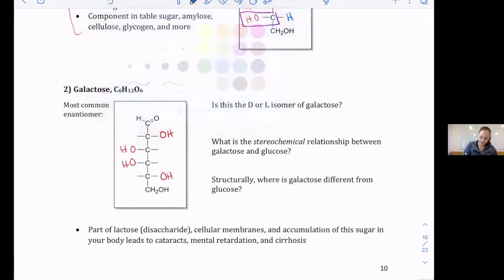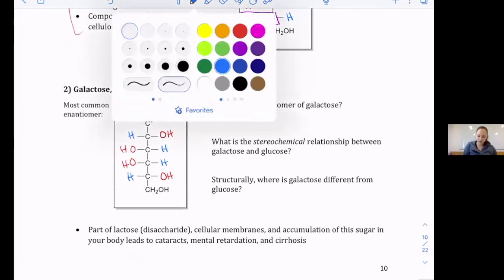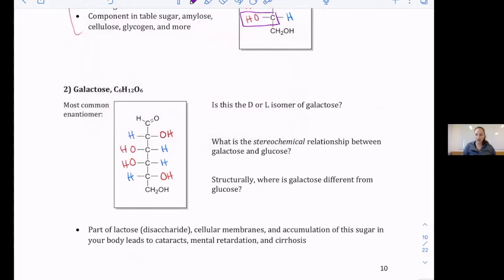Let's fill in our hydrogens on the other side. So this is, again, the most common enantiomer. Let's see if it's D or L. We're going to look at the bottom most chiral carbon, the one furthest away from the carbonyl. And again, it is on the right. So we have D galactose for this particular enantiomer.